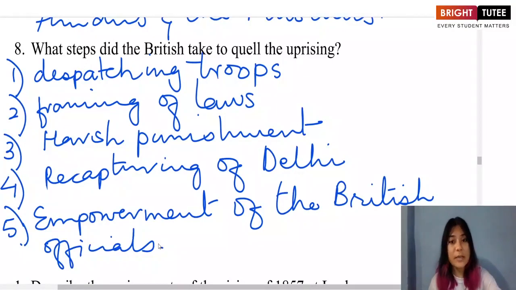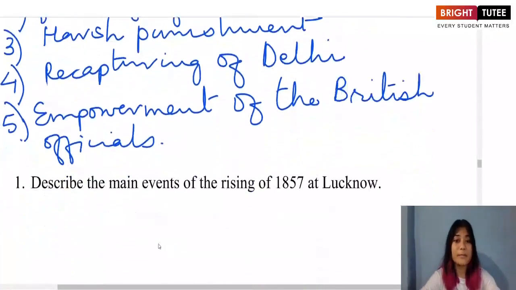They could kill them. They could try them. Who were caught being involved in the revolt or who were caught having participated in the revolt of 1857. Okay, so these were some of the steps which were taken by the British government to crush the uprising.